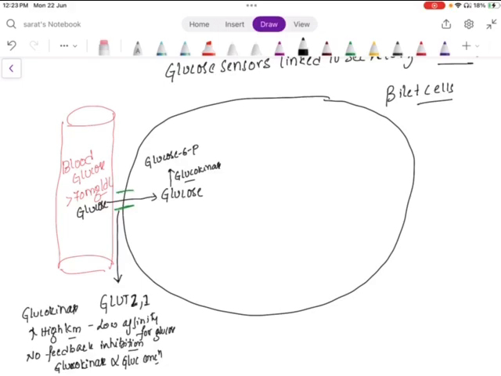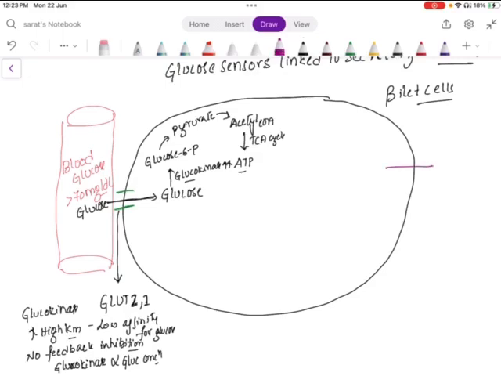That's why the glucokinase enzyme is used in conversion of glucose to glucose 6-phosphate. Next, it enters into glycolysis and forms pyruvate. This pyruvate will be converted into acetyl CoA. This acetyl CoA will enter into the TCA cycle and ATP is formed. And as glucose entry increases, more ATP is formed.